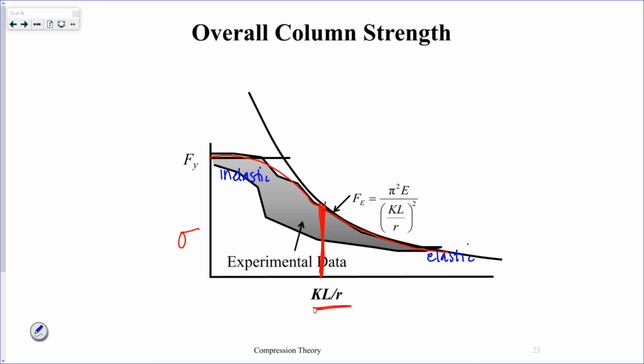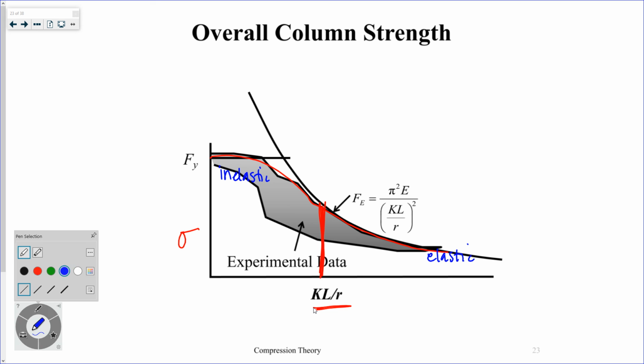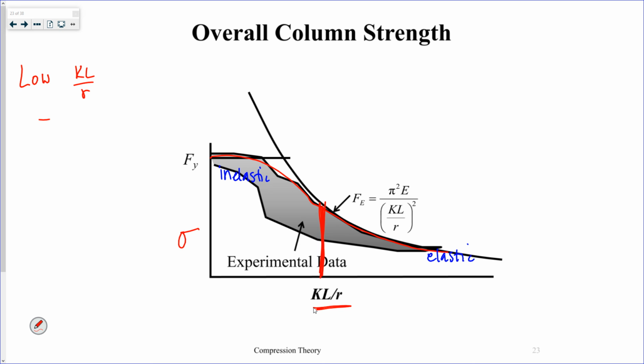So if I have a low slenderness ratio, KL over r, I'm over here, low, right?